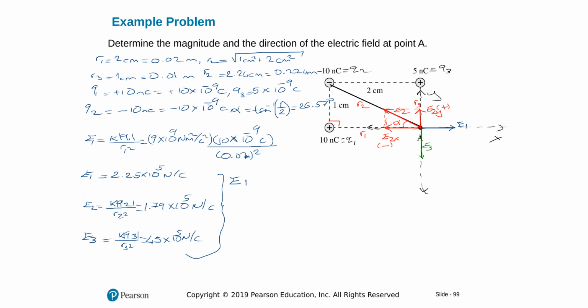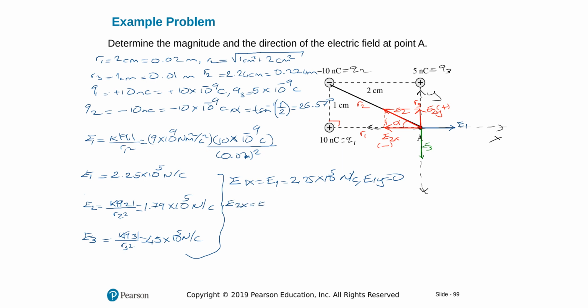E1 is only along x, so E1x is positive, equal to itself, 2.25 times 10 to the 5 Newton per coulomb. E1y is 0. E2x and E2y we have to find.